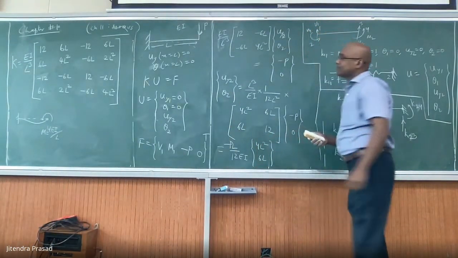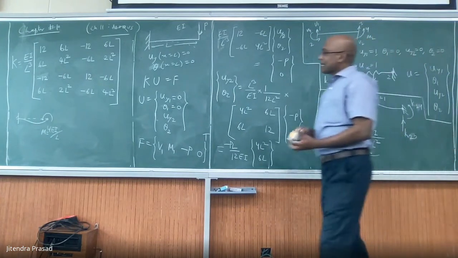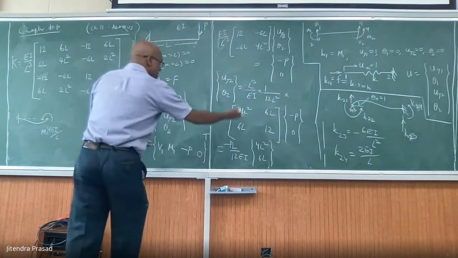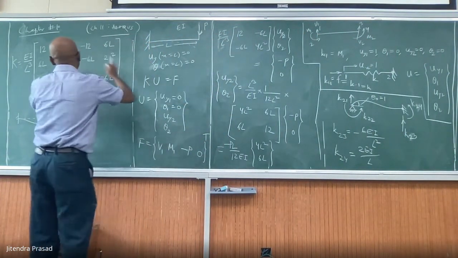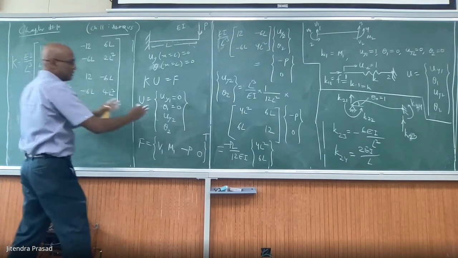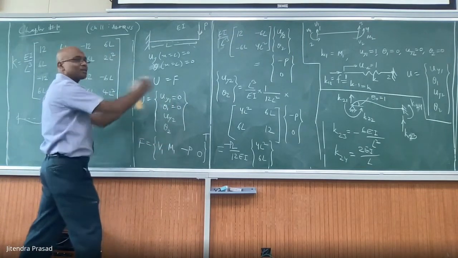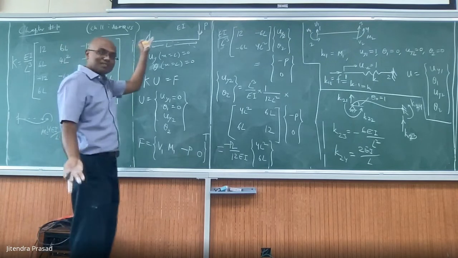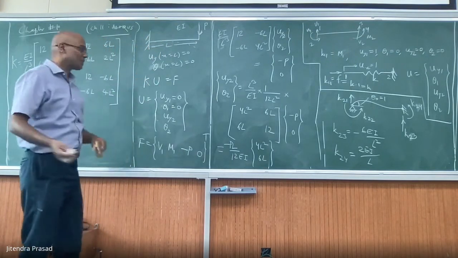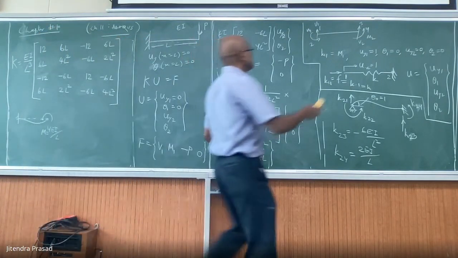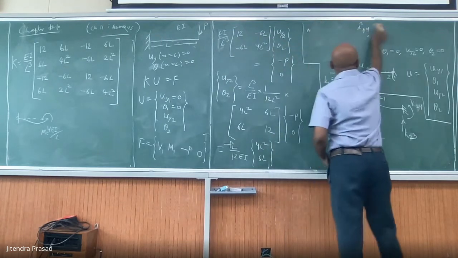Then you multiply K with the complete U, then you get all the forces and you will get the reactions. So how do you find out the reactions?